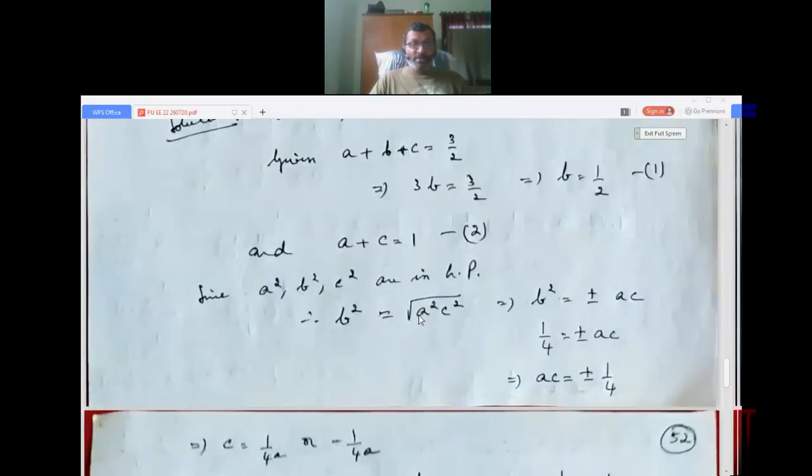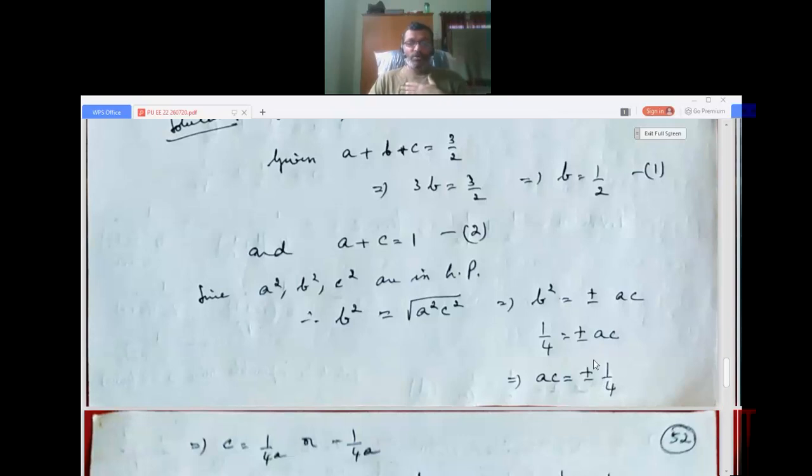Same formula here: b squared equals the square root of a squared c squared, that is b squared equals plus or minus ac. Square root and square get cancelled. But b is half, so 1 by 4 equals plus or minus ac, or in other words ac equals plus or minus 1 by 4.